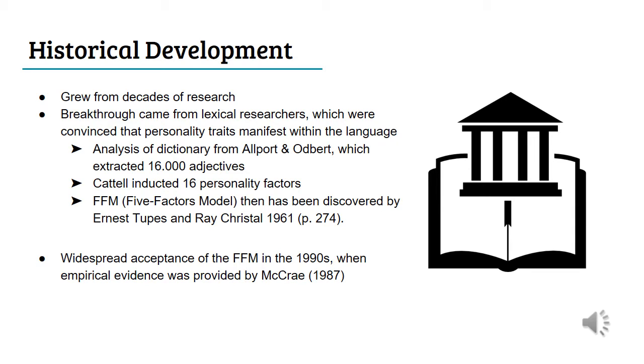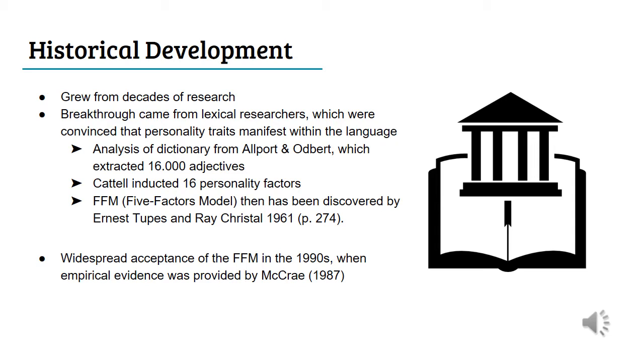The Americans Allport and Odbert were able to extract a list with 18,000 adjectives in 1936 from the New International Dictionary, which were reduced to 4,505 stable individual character traits and then further processed by Cattell. He was able to categorize these traits into 16 personality factors in 1949.